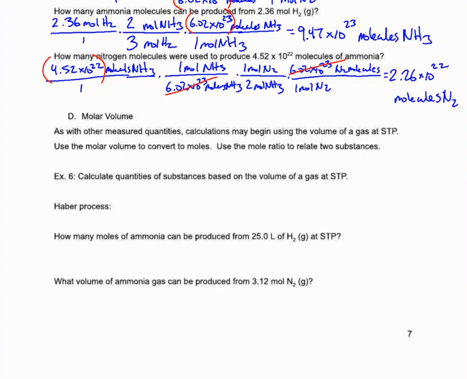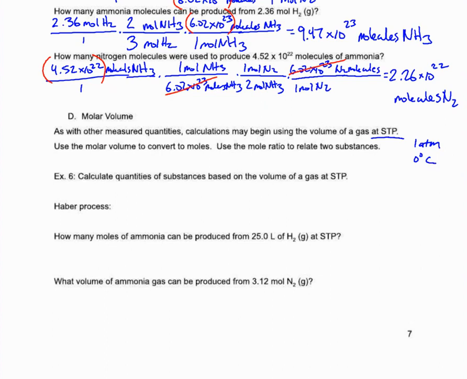The next idea is molar volume, which we also discussed in the unit on moles. Remember this. As with other measured quantities, calculations may begin using the volume of a gas at STP. Using our conversion between moles and volume of gas requires specific conditions, and it was 1 atmosphere and 0 degrees Celsius.